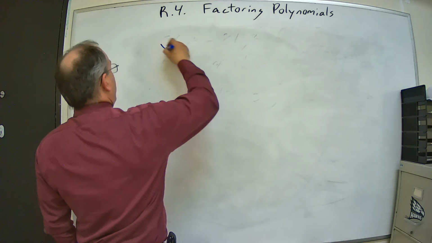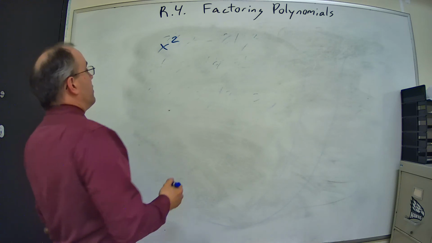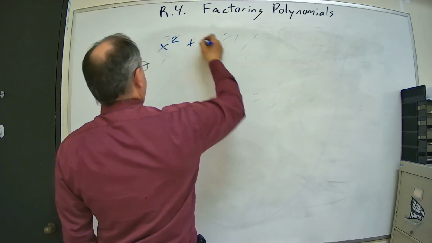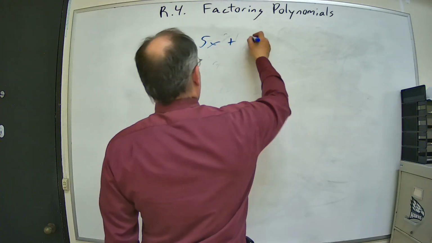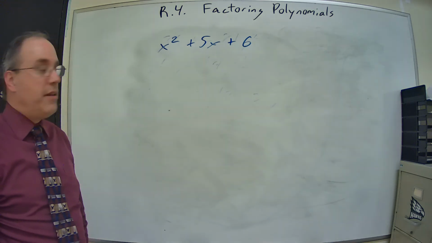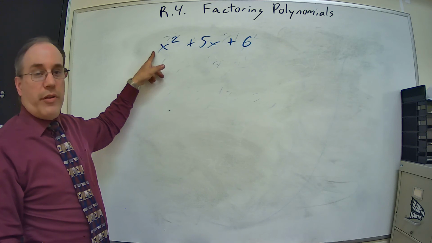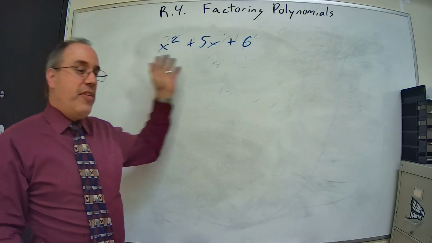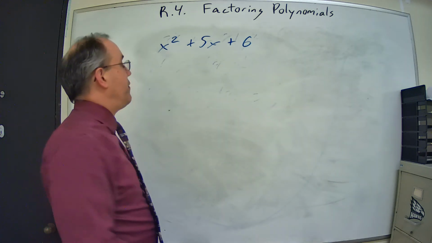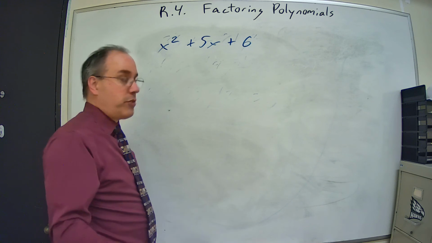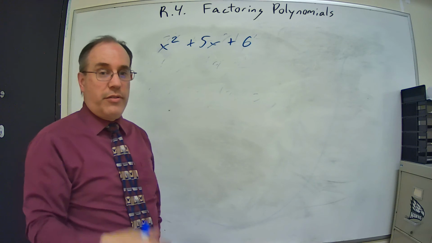What if I have a leading coefficient that is 1? So x squared plus 5x plus 6. So if I have a trinomial where the leading coefficient is 1, this could be considered a really simplified form of factoring by grouping. But really, all we need is, remember, 6 times 1 is 6.